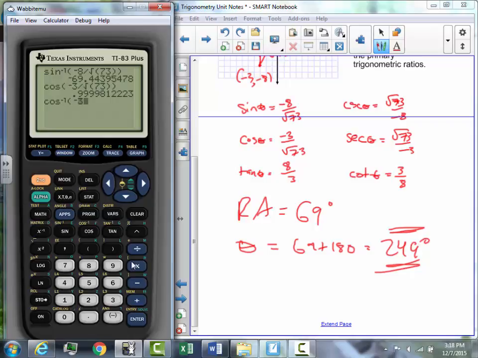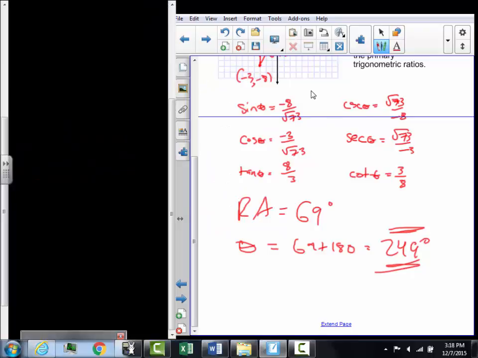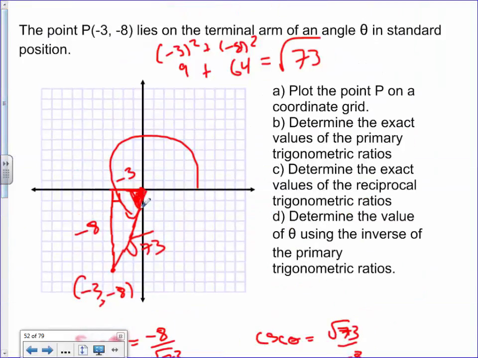Inverse cosine, -3 divided by root 73. I got 110.55. Anybody else get that when they solve that? Okay, again, this causes a huge problem because 110.55 is clearly not this angle right here, because that can't be 110. And it's also not the answer all the way around to here.